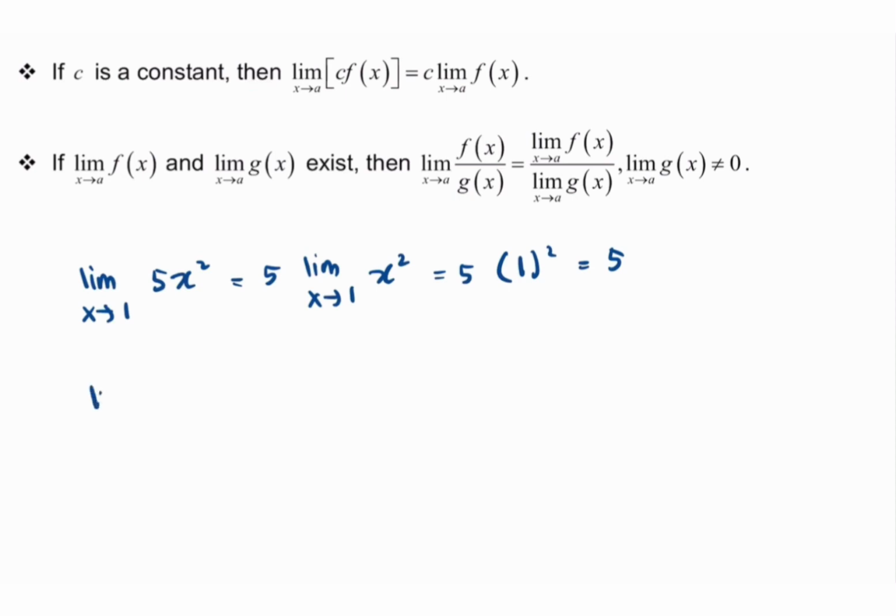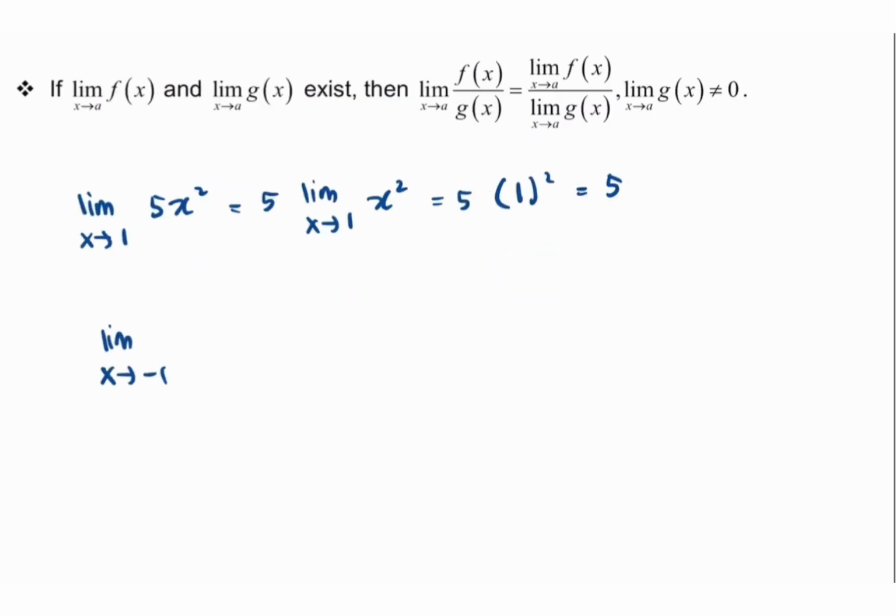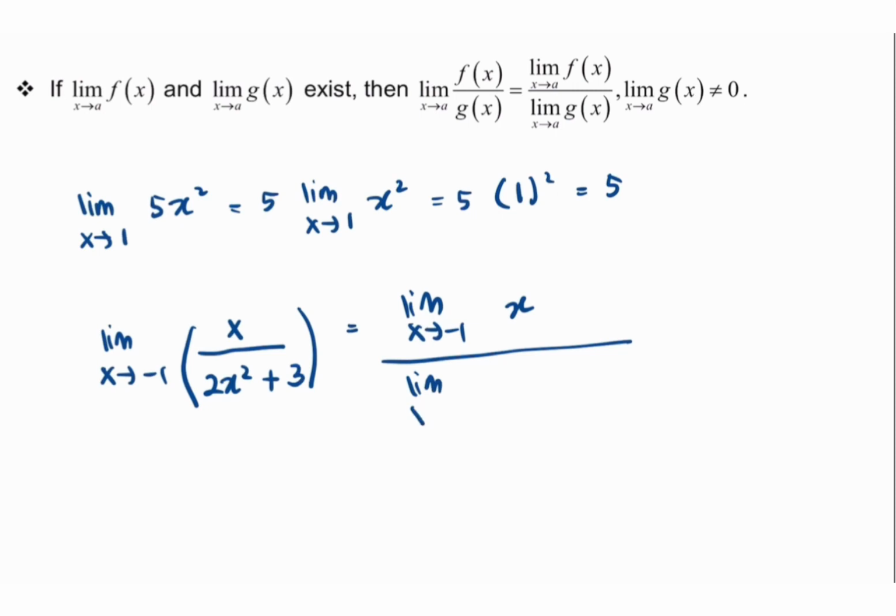For example, limit when x approaching to negative 1, x over 2x squared plus 3. Okay, jadi kita akan pecahkan dia sebab ni bahagi kan. So kita pecahkan dia, so dia akan jadi sini limit when x approaching to negative 1 of x over limit when x approaching to negative 1 of 2x squared plus 3.